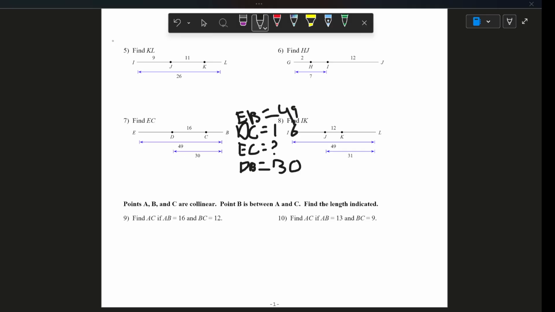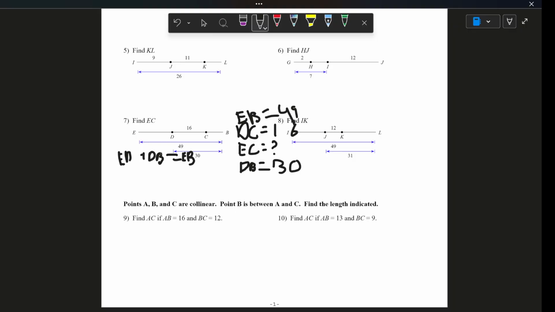So first, let's set up the equation. Let's set up ED plus DB equals EB. The reason why is because we know E to D, and we know DB. Okay.